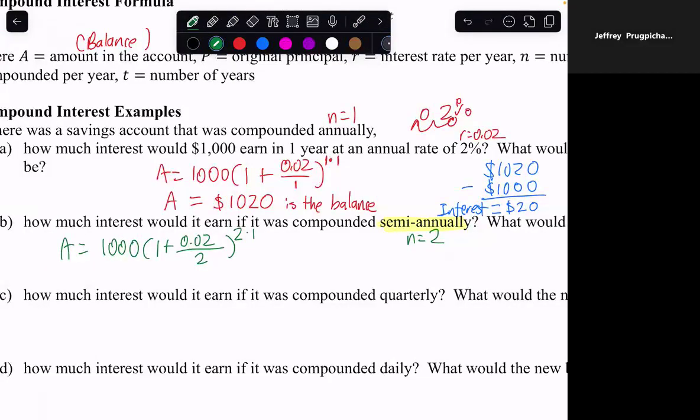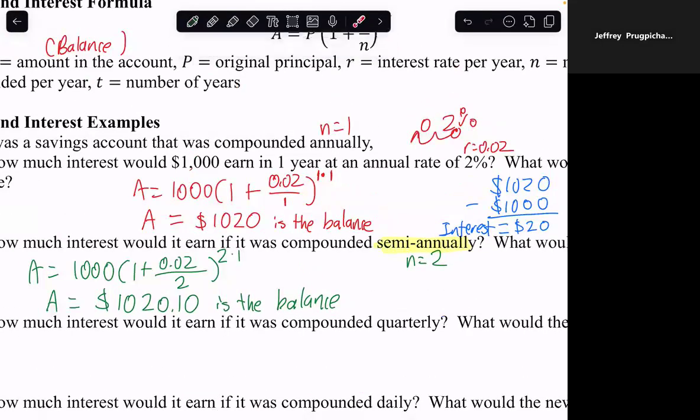Okay, so typing this into your calculator, you'll get that the balance, capital A, is $1,020.10. Okay, so it is more than compounding annually, right? But not that much more.